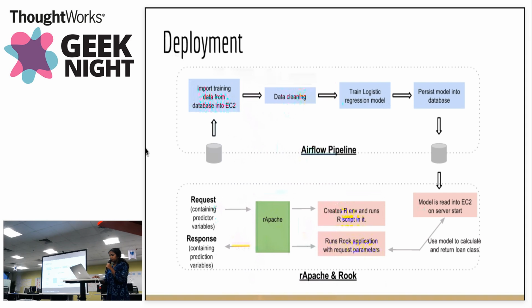And the Apache server, every time it starts, loads the model from the database, and that happens only once. It's not like every time you send a request, it has to get it from the DB. It happens only when the server is started, and this part is what I described earlier. A request comes, the Rook application calculates the prediction using the model and returns it.